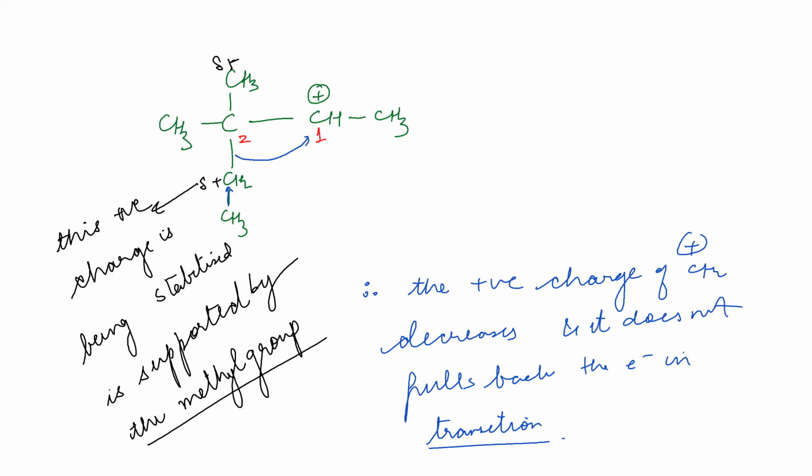So even though ethyl is a heavier group than methyl, it has a backing, and thereby it shifts faster.